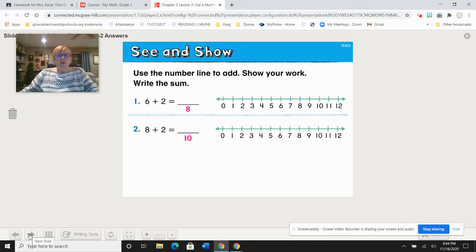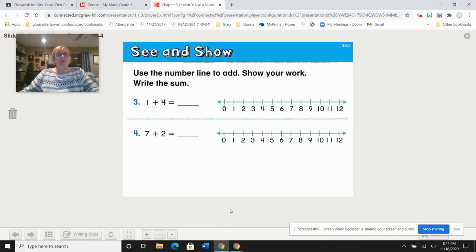Use the number line to add and show your work. Remember, circle the greater number because that's where you're going to start from on the number line, and then count on and write your sum. Go ahead and do that now if you want to pause, and then you can check your work. Let me show you how you're circling the 4.